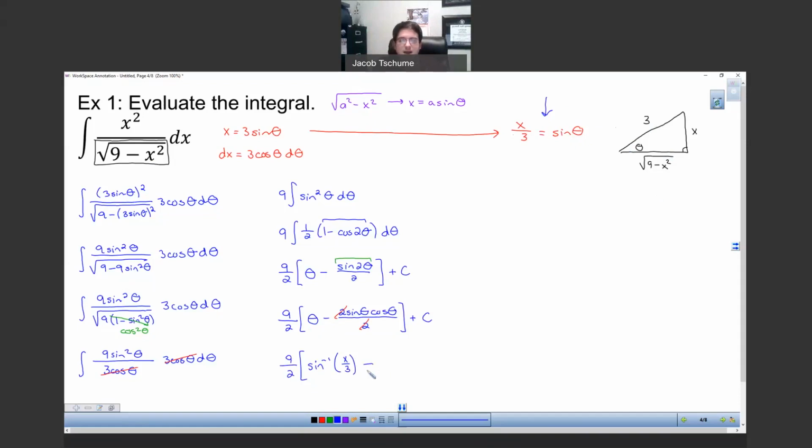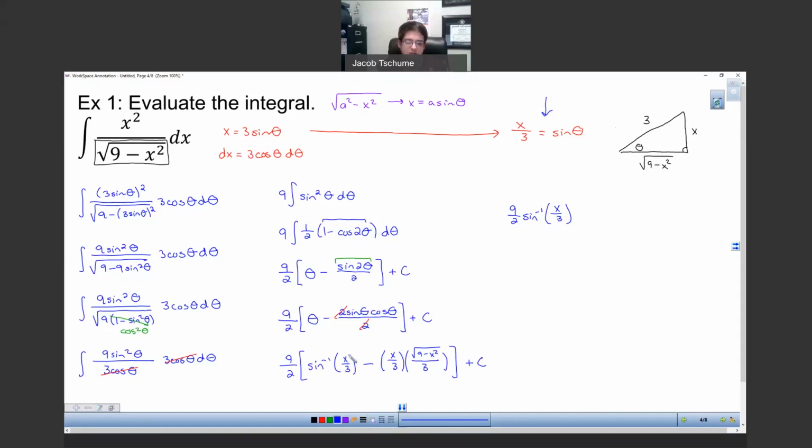Minus, then you have to multiply a sine function times a cosine function. So sine, we already know, is x over 3. You can find cosine directly off this triangle by doing adjacent over hypotenuse, which is the square root of 9 minus x squared divided by 3 with a plus C. And then if I distribute that 9/2 to both terms inside the bracket, you should get 9/2 times the inverse sine of x over 3.